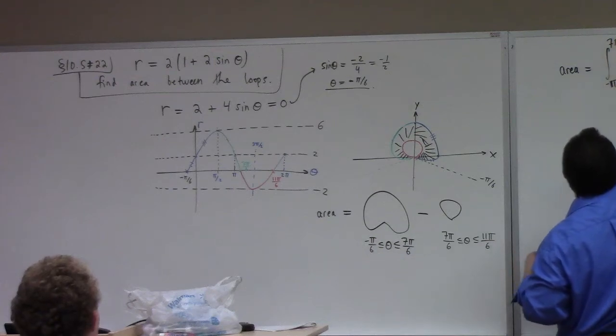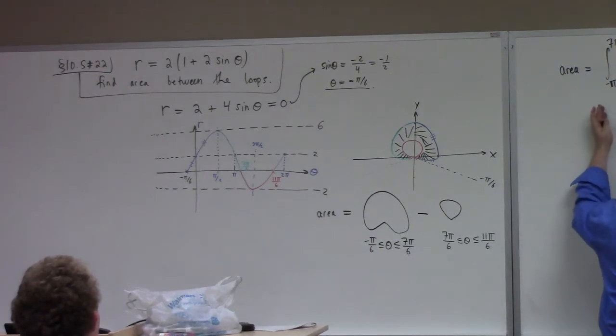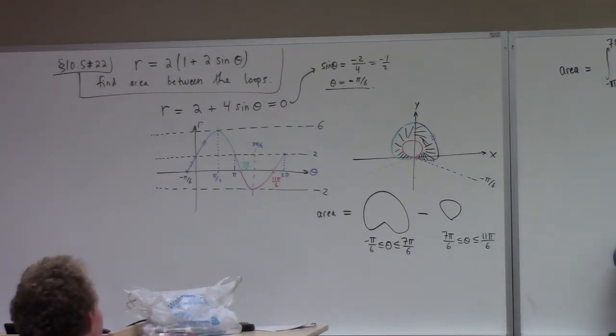So that's the big area, and then I subtract from that the little area. And what am I doing? I'm doing 1/2 r out squared minus r in squared. But in this case, I'm thinking of the inner radius being 0 as a way to do this.